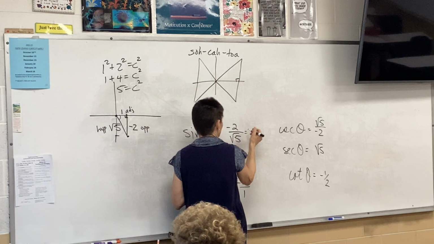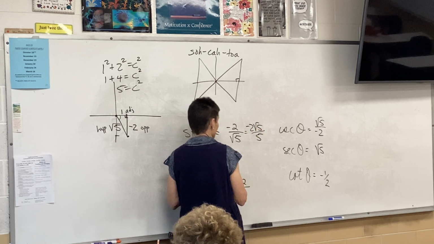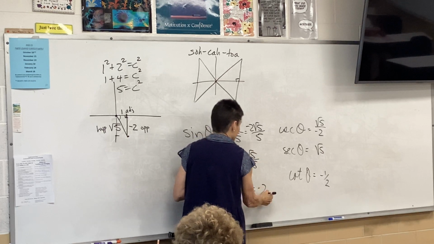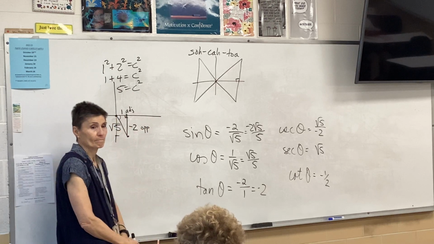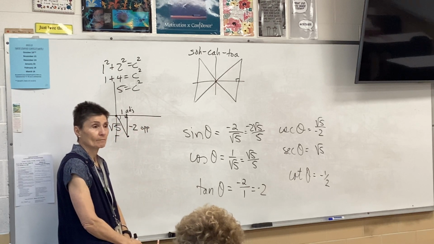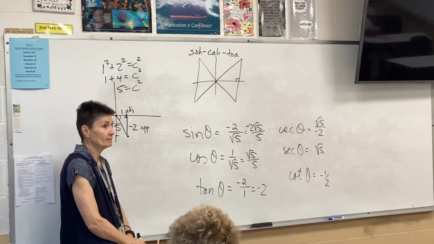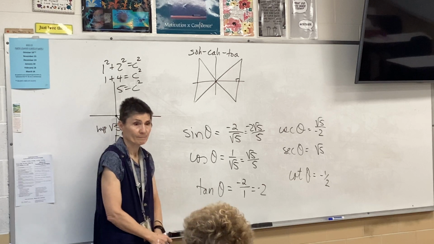So this root 5 has to come up, so -2 root 5 over 5. Root 5 over 5, and that of course is just -2. You see how this is just like what we did the other day? Except we have to be in a different quadrant.